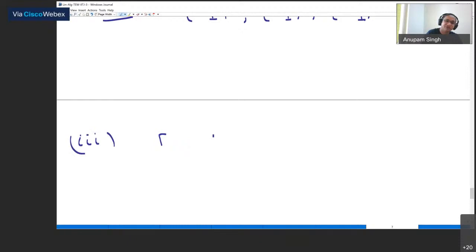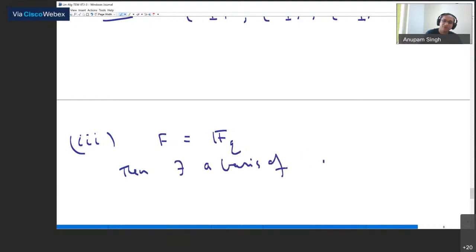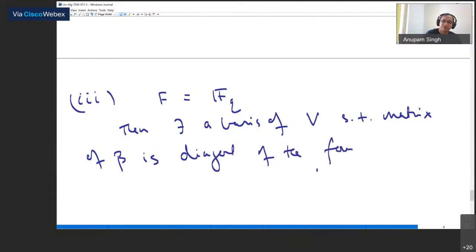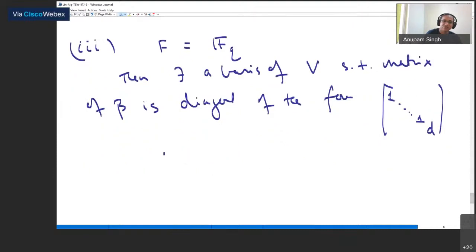So if F is a finite field, let's say F_q, then there exists a basis of V such that the matrix of beta is, so I can always make it diagonal, in fact, in all cases, of the form where everywhere I will have 1, 1, 1, but in one place I'll get D. And D will have 2 choices.